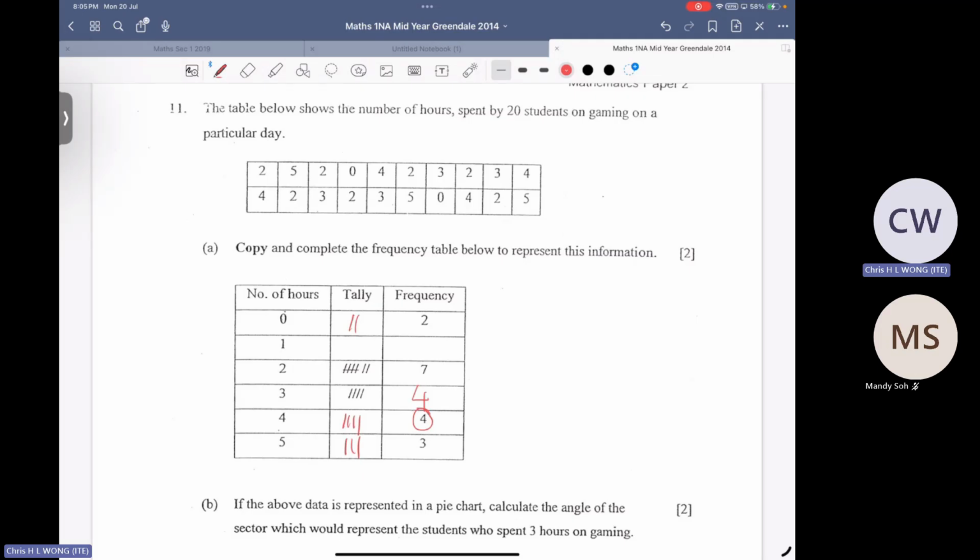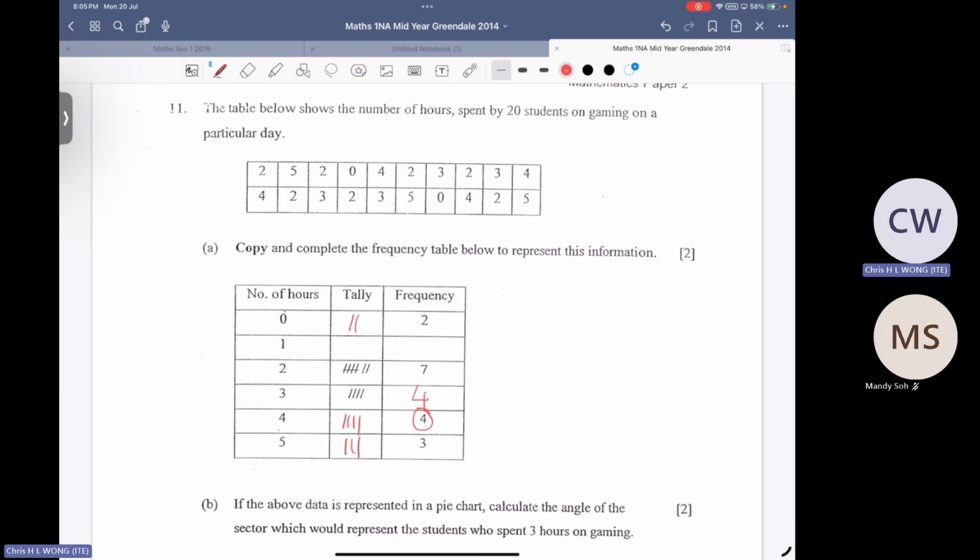Let's see what they want. They want the student who spent 3 hours of gaming. Now, 3 hours, how many students? 4, right? 4, isn't it?